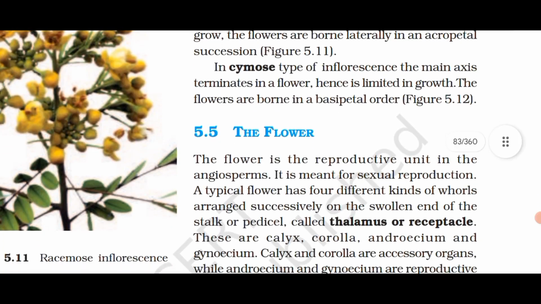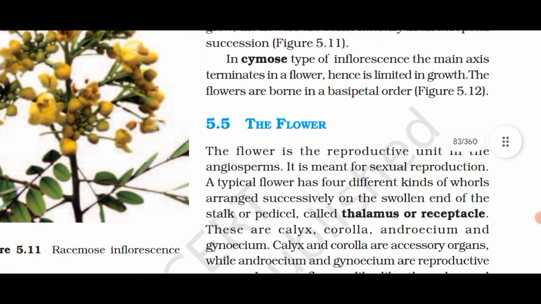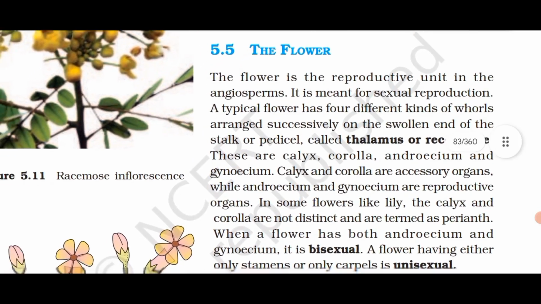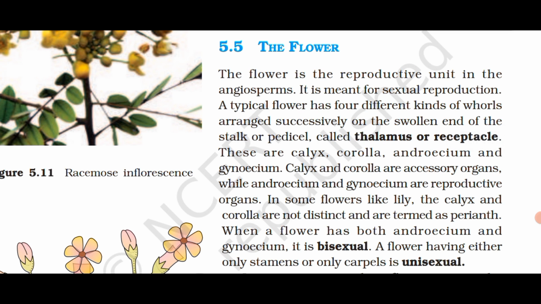5.5 The flower. The flower is the reproductive unit in the angiosperm. It is meant for sexual reproduction. A typical flower has four different kinds of whorls arranged successively on the swollen end of the stalk or pedicel called thalamus or receptacle.